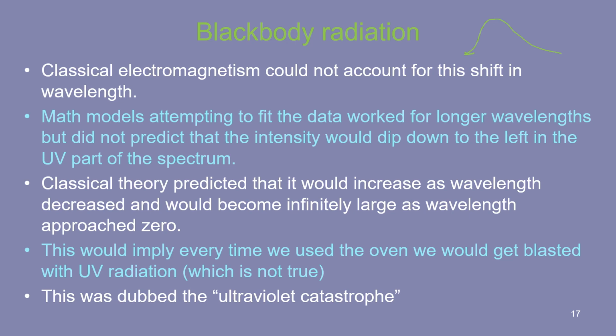If it kept going infinitely, this would imply that every time we use the oven, we would get blasted with UV radiation, which of course is not true. This was dubbed the ultraviolet catastrophe because math models predicted that it would go up and up and up instead of coming back down in the ultraviolet. And so obviously they knew that the math models of the day didn't explain light and wavelength, or at least particles with wavelengths at this size.